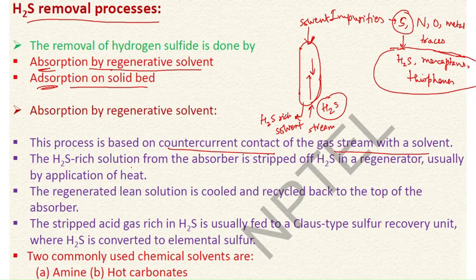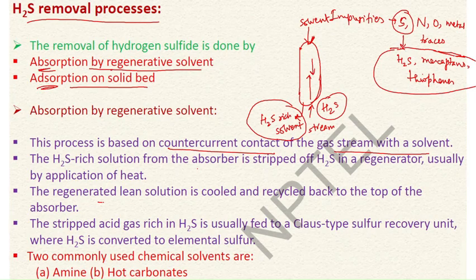This H2S rich solvent from the absorber is then taken to a stripper. It is stripped of the H2S in a regenerator, usually by application of heat. So this is taken to a regenerator where the solution is heated, from where we can extract the H2S gas.